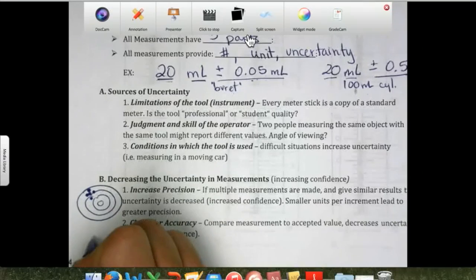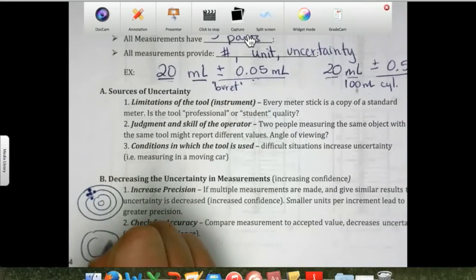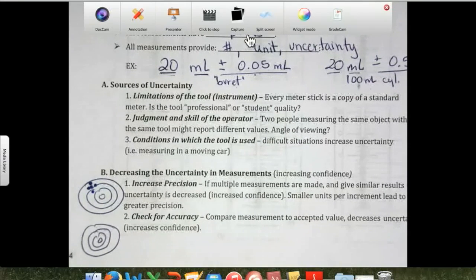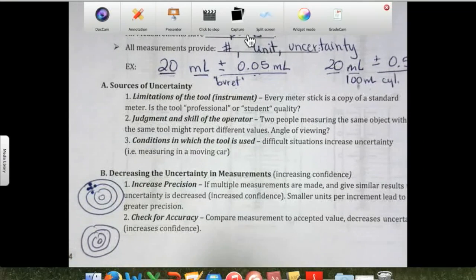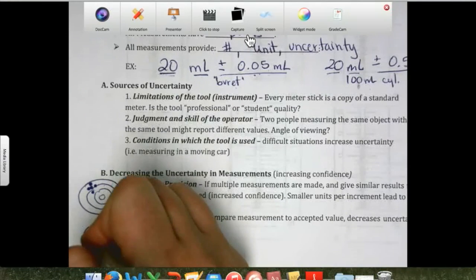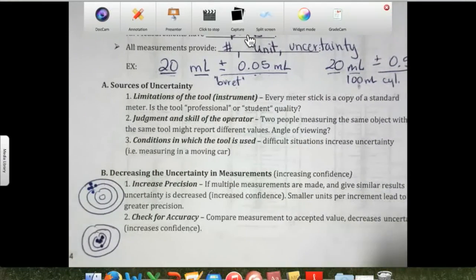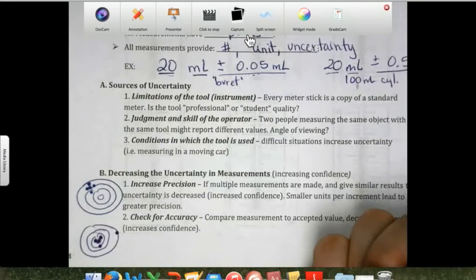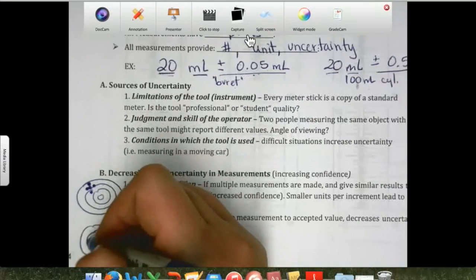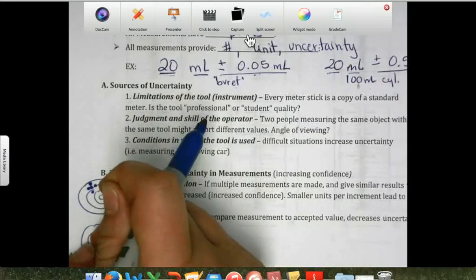So again, if I use that dart analogy, I'm going to take my dart model here, and I'm throwing darts or arrows at it, and I'm going to start hitting that target closer to where I need to be. Now, I might start way over here, but as I do more trials, I'm going to get closer and closer to where I actually need to be.